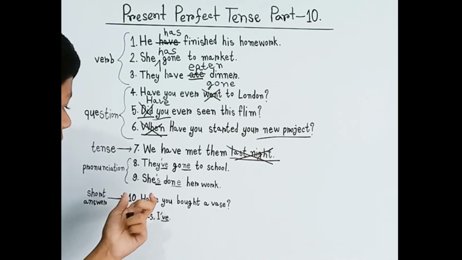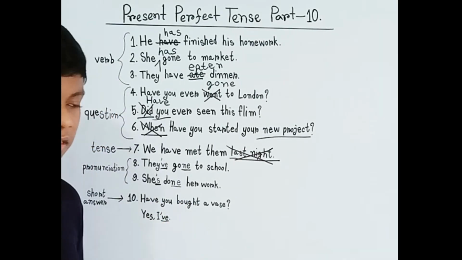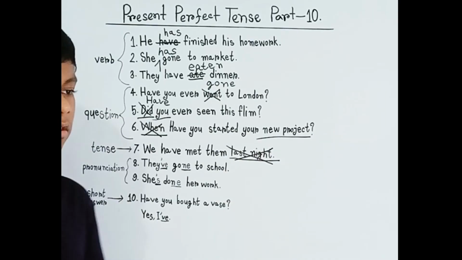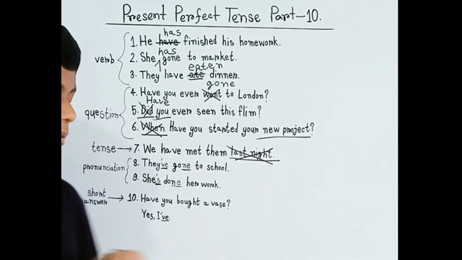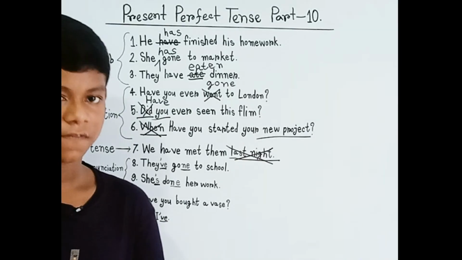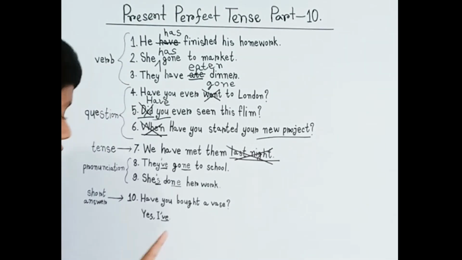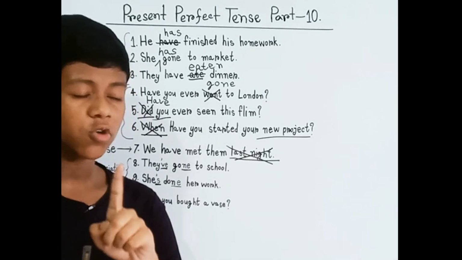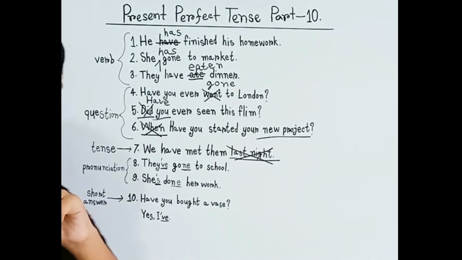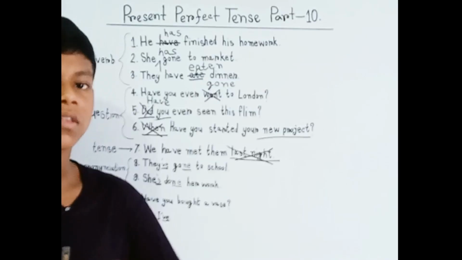What does it mean if I say to you, have you bought a vase? Okay, so it indicates the short answer. Then what can you say? Yes, I've. So what's wrong here? There's one point: during short answers, you can't use the contraction in the positive ones.